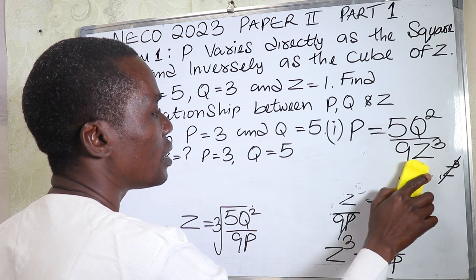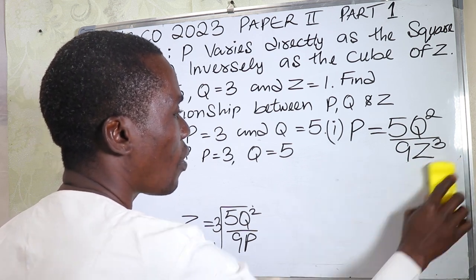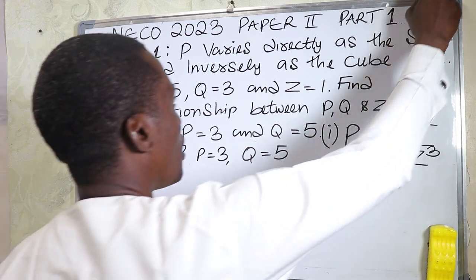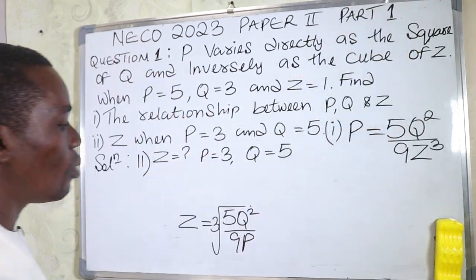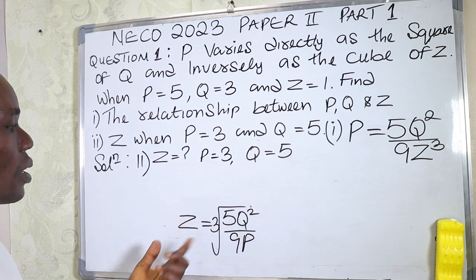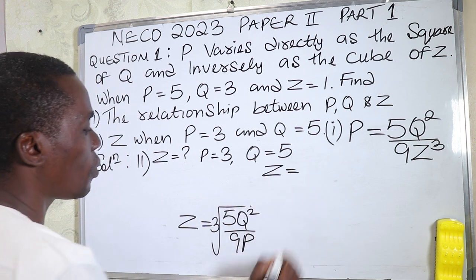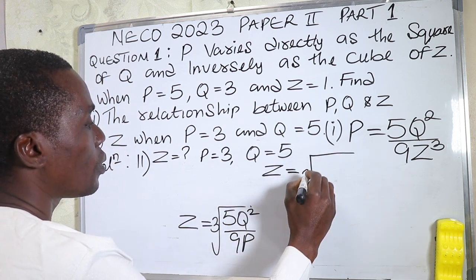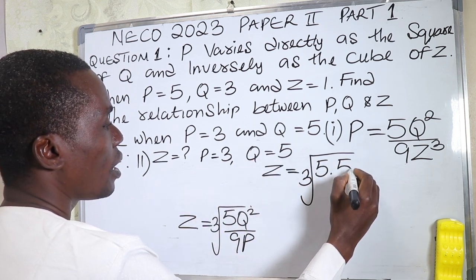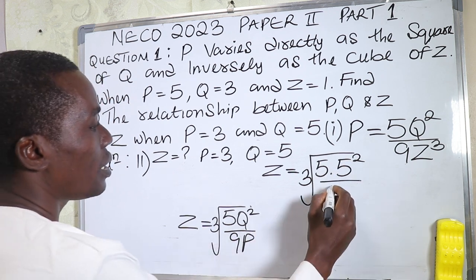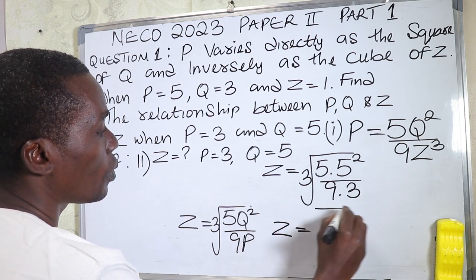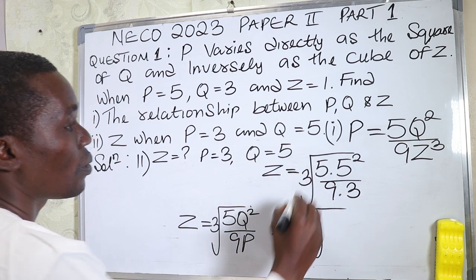Now, if we insert the value of our p and q into that formula, we're going to have z equal to the cube root of 5 multiplied by our q, which is 5 squared, divided by 9 multiplied by 3.